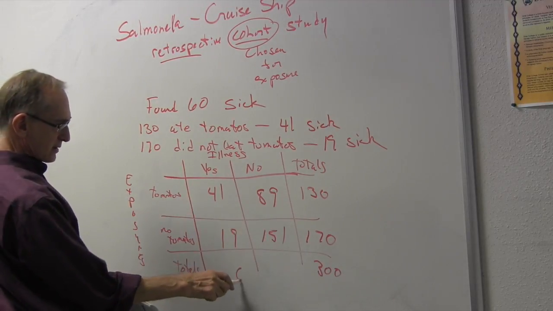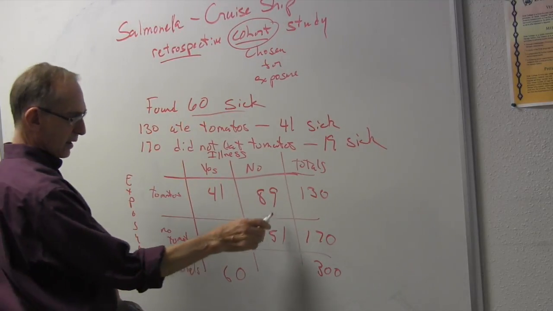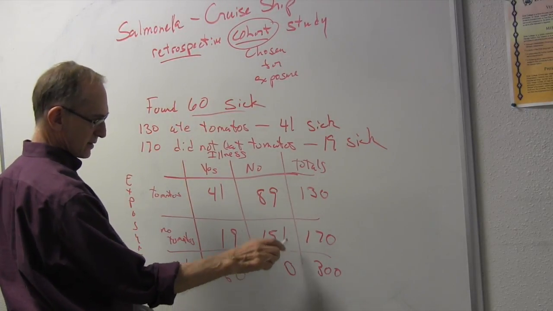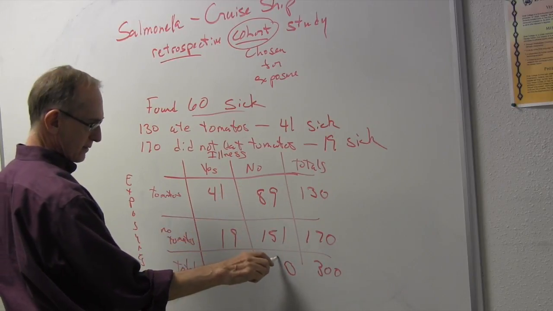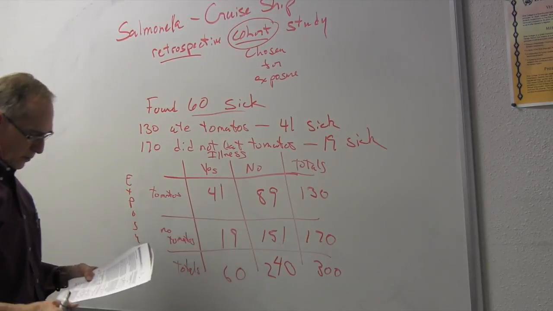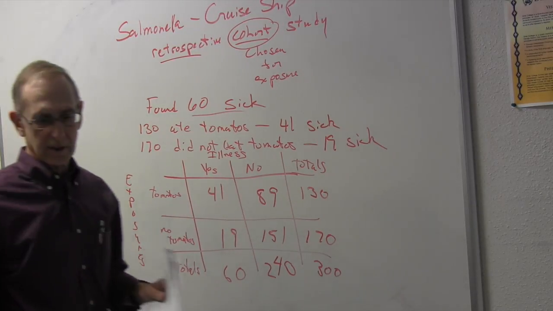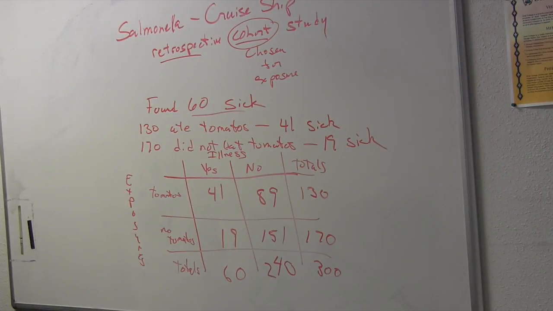Then we total these. So that's our 60 who were sick, and here is the 240. Okay, so there's our table. Let me make sure that I got the whole table in here. All right, so we got the whole table.